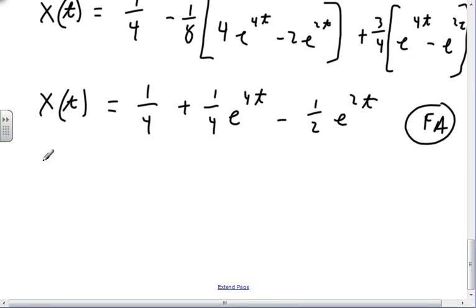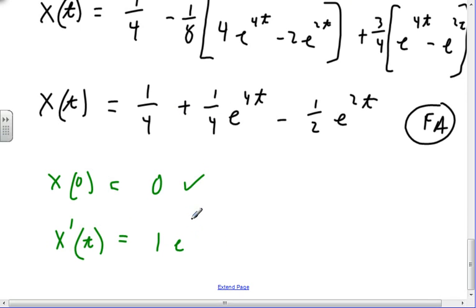All right, so I'm going to look at x at 0, which is 0. Check. X prime at 0? Well, I don't know what x of 0 is yet, so I can't do x prime at 0. All right, so x prime at t is 0 plus e to the 4t minus e to the 2t.